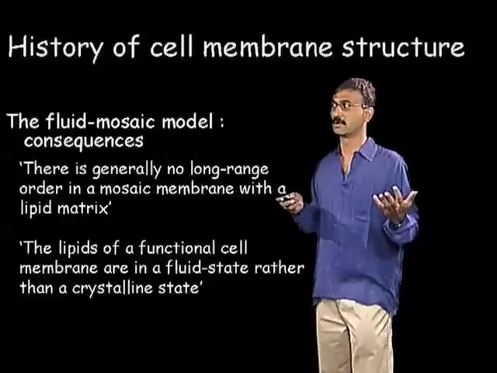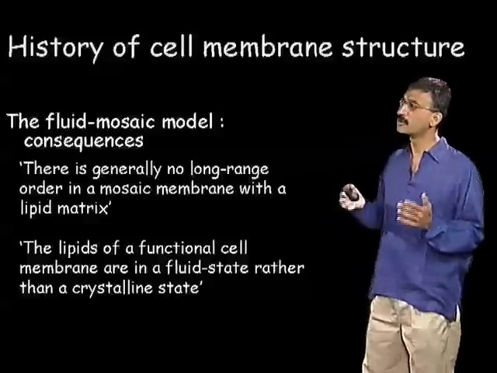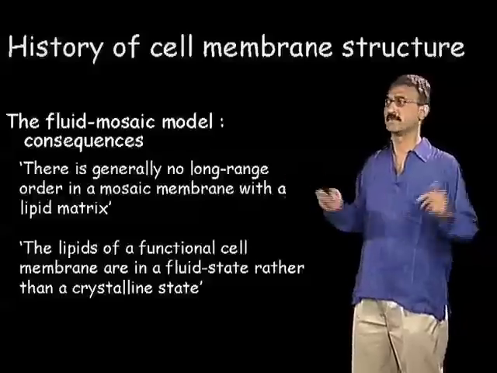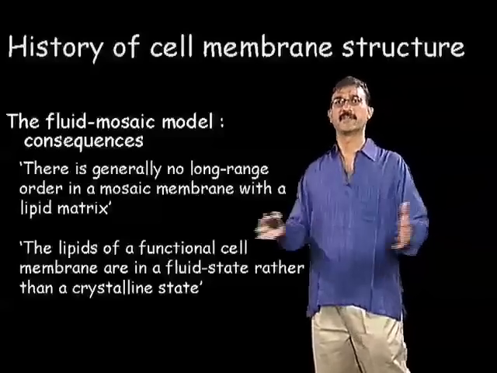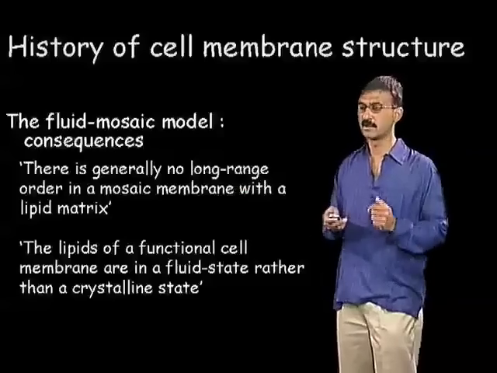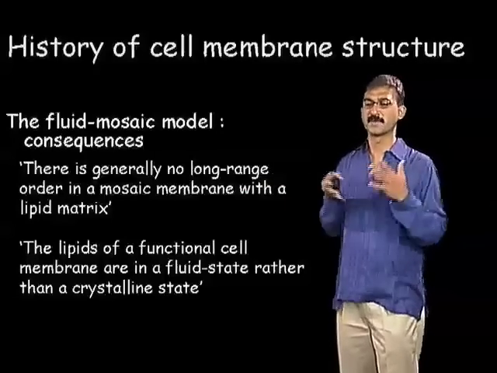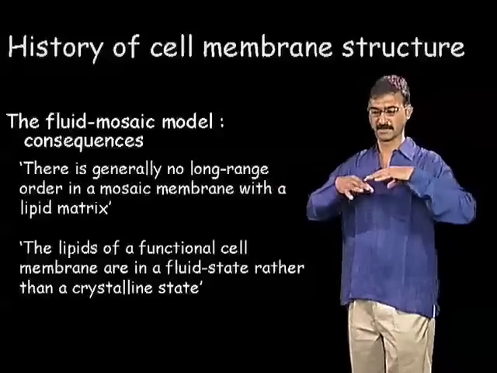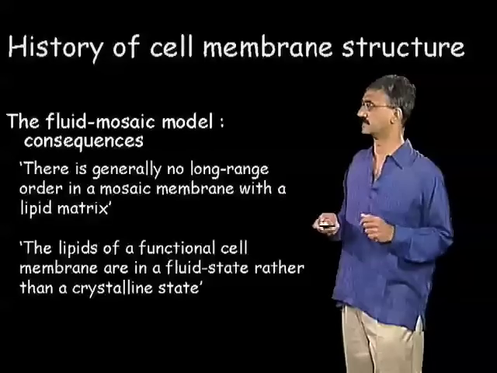The consequences of such a model are that unless otherwise acted upon, there is generally no long-range order in a mosaic membrane within this lipid matrix, and that the lipids of a functional cell membrane are in a fluid state rather than in a crystalline state. In fact, they are free to diffuse all over the place rather than be gathered and stuck in one location. Of course, this is in the absence of any external influence. So the lipids in the cell membrane, left to themselves, behave as if they are in a passive thermodynamically equilibrated system.